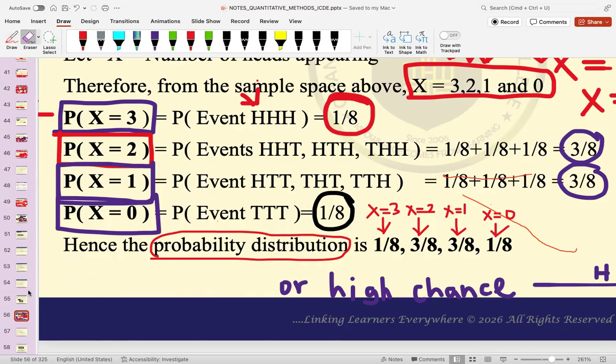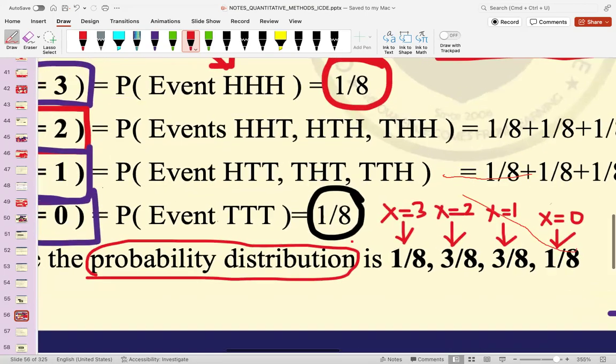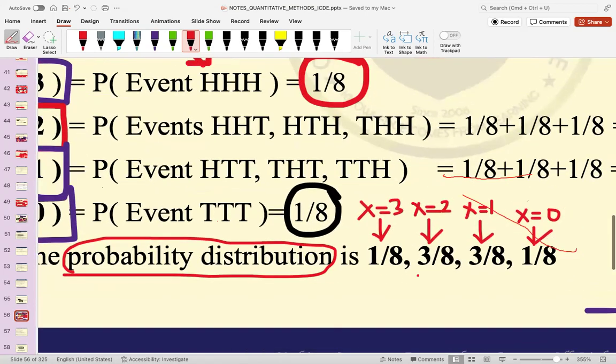Now, the conclusion of the chances we have enumerated is what we call the probability distribution. So we can conclude that it is easier to see x equals 2 than to see x equals 3, because for this one the chances are 1 out of 8, and for this one the chances are 3 out of 8.